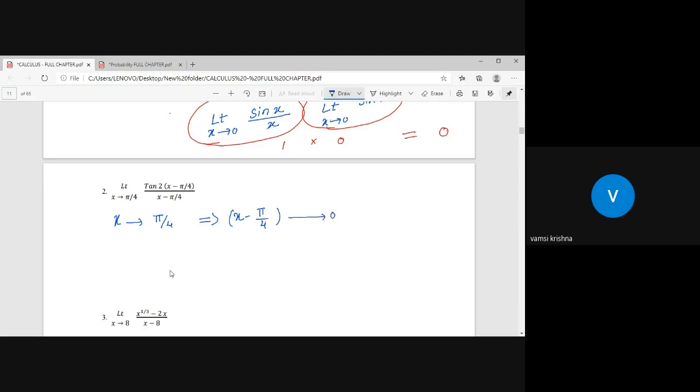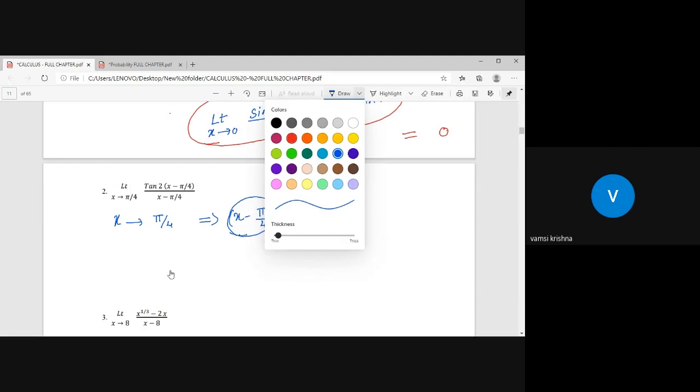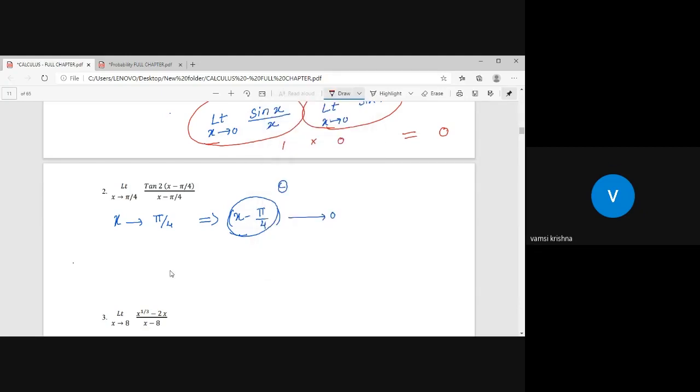So let us consider this x minus pi by 4 as some theta. Let us say x minus pi by 4 is theta. So if it is theta, then my limit is going to be changed like this. Limit x minus pi by 4 tends to 0, it means theta tends to 0.